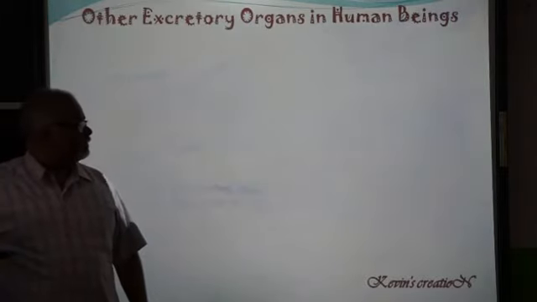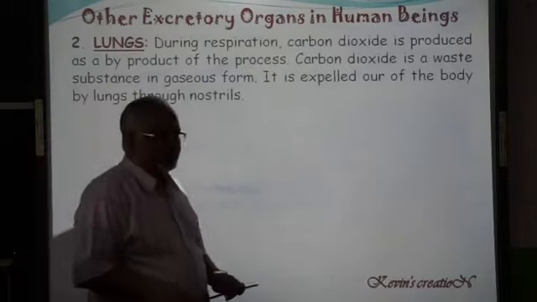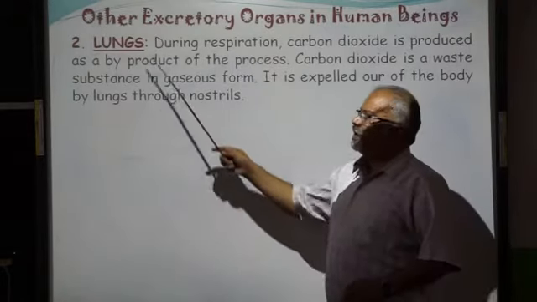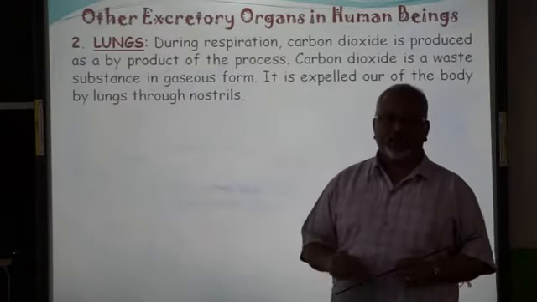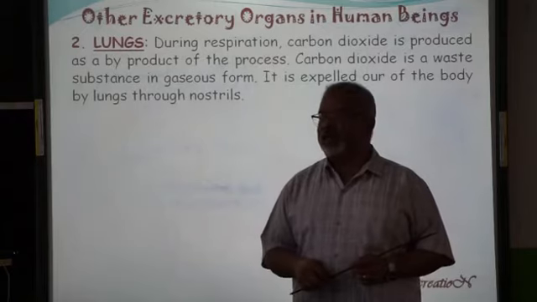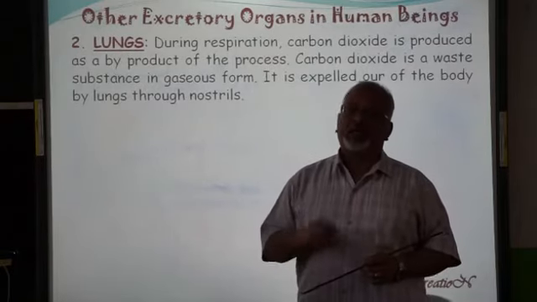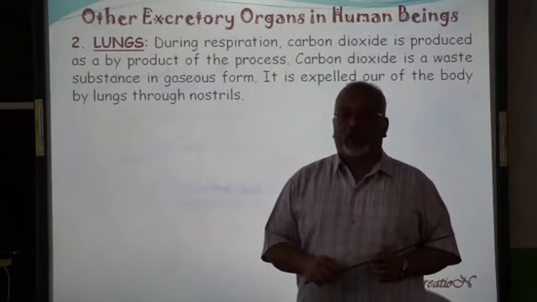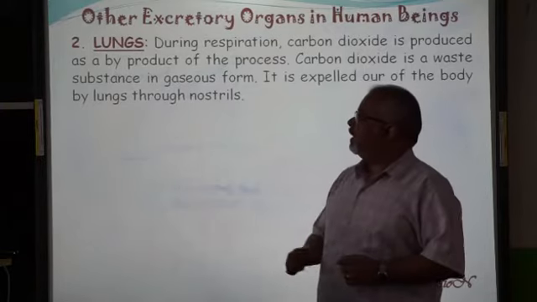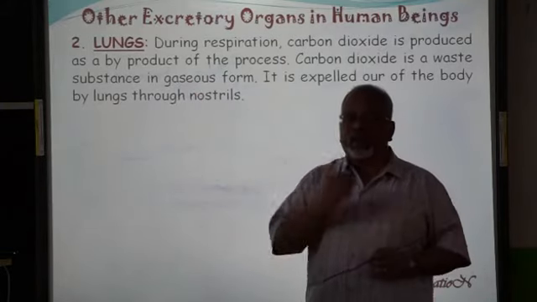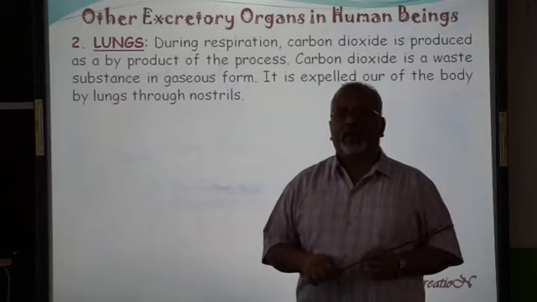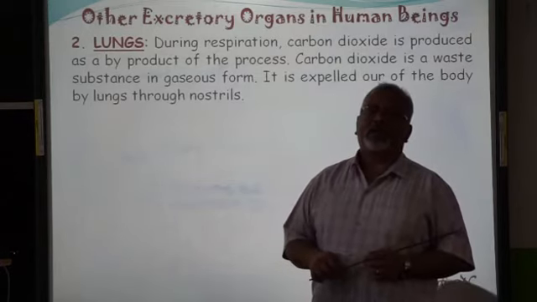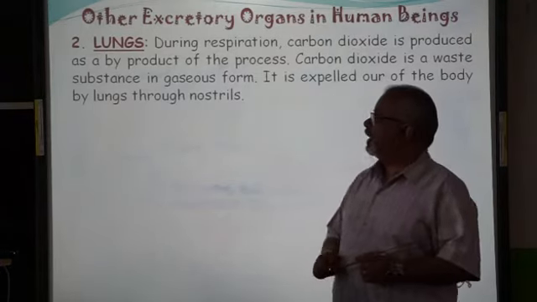Now the next one, this is lungs. As I told you, whenever we talk about excretion, we think about urine. Sweat is also an excretory product, and through the nostrils, when we remove carbon dioxide, that is also a waste product.